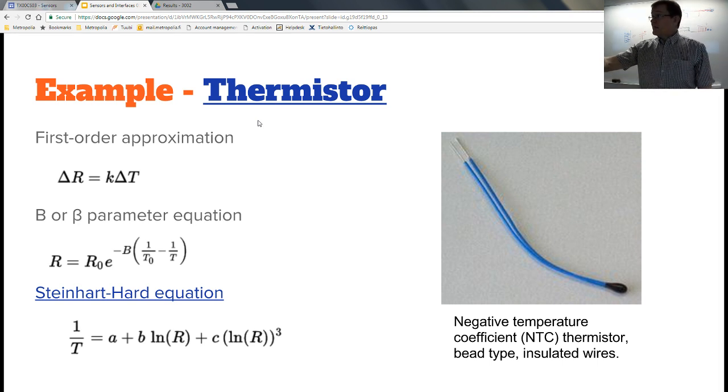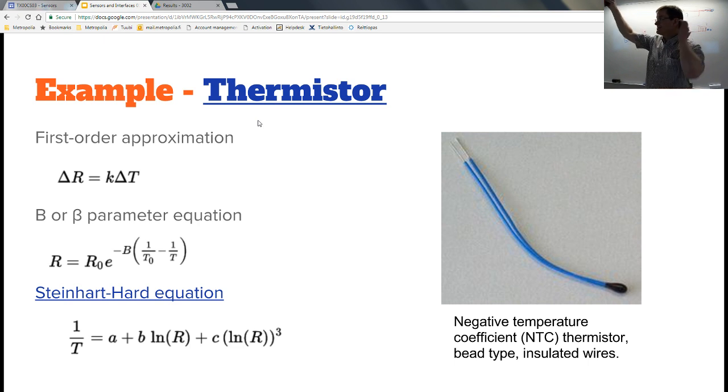Because the second one is the exponential characterization that's more common, basically when you are above about 50 Kelvin and up to the plasma stage.